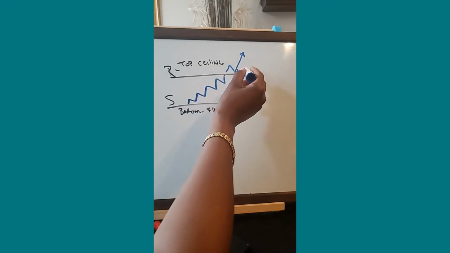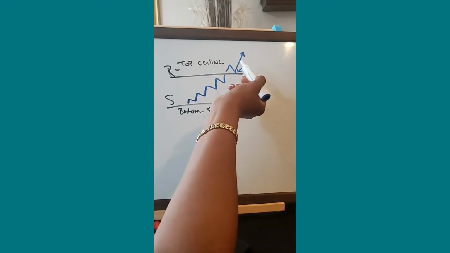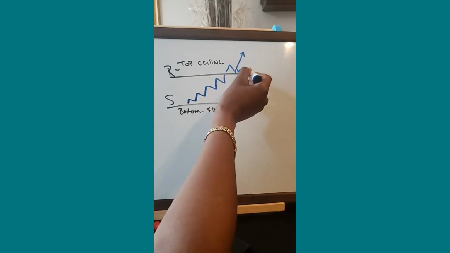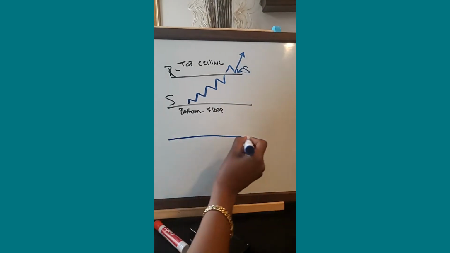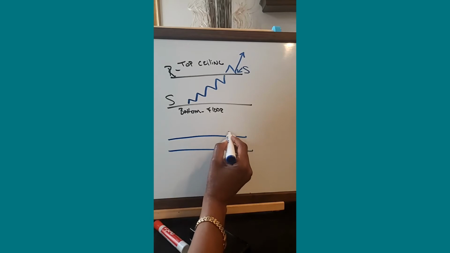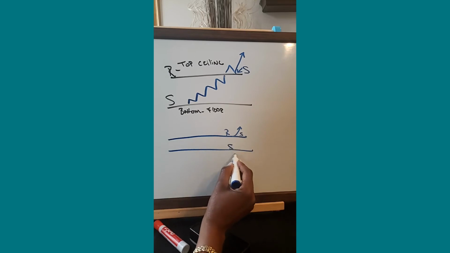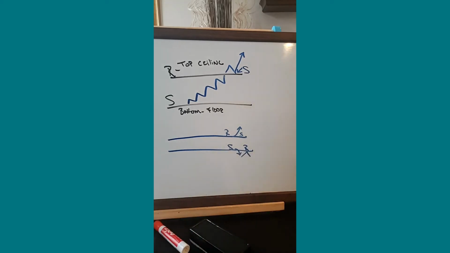Once you have a closed candle above this retest on a higher time frame, like an hour and above, and price continues to the upside, this area has now become support. So when price breaks resistance and continues up, it is now support. And when support has been broken to the downside and retested, this has now become resistance.